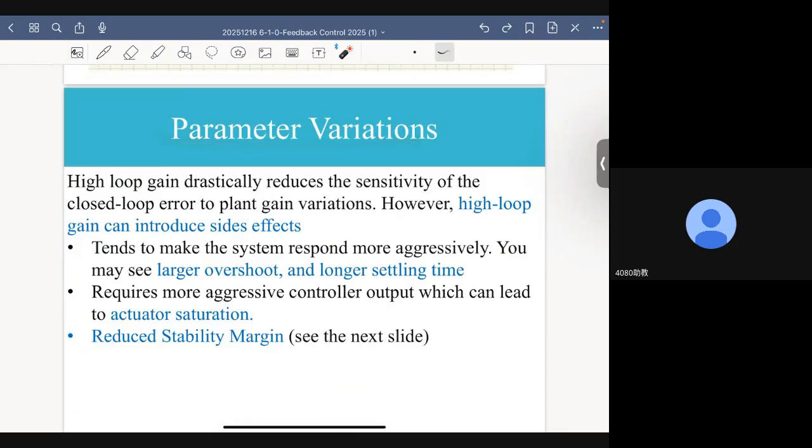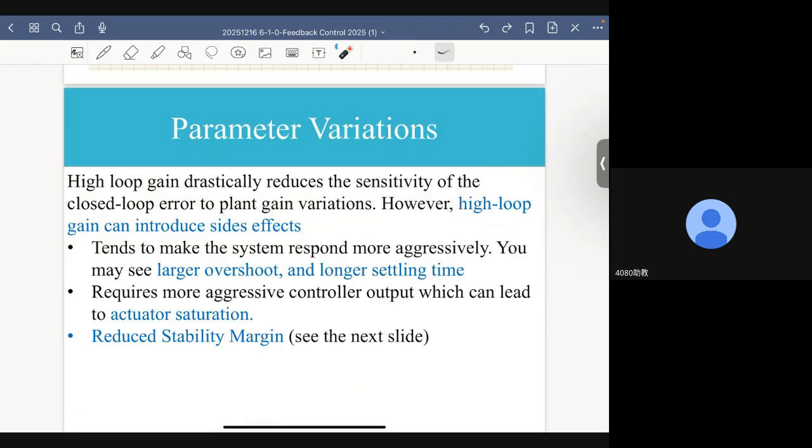Parameter variations: high loop gain, that is large L value, drastically reduces the sensitivity of closed loop error due to plant gain variation. However, high loop gain can introduce side effects.